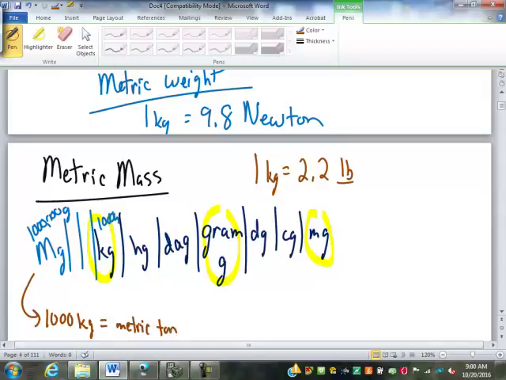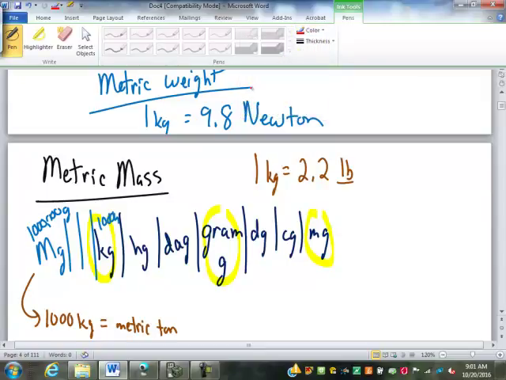And that metric ton is approximately 2,208 pounds, so it's just over 2,200 pounds. Our conversions in the metric mass are exactly like they were for any other metric unit. Just move the decimal point according to the spots on the chart.